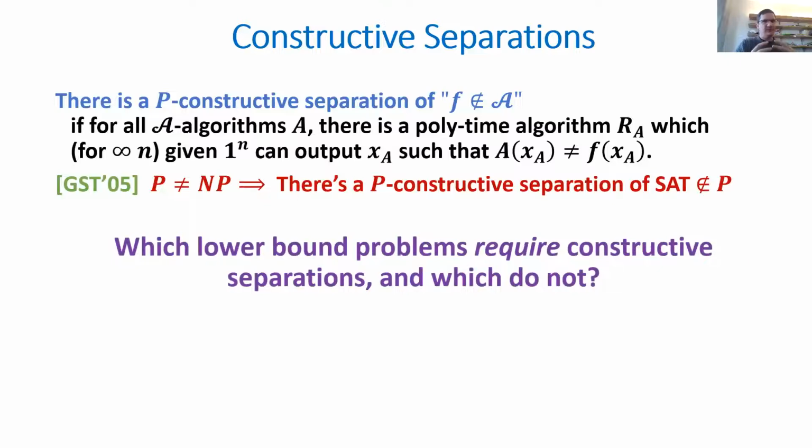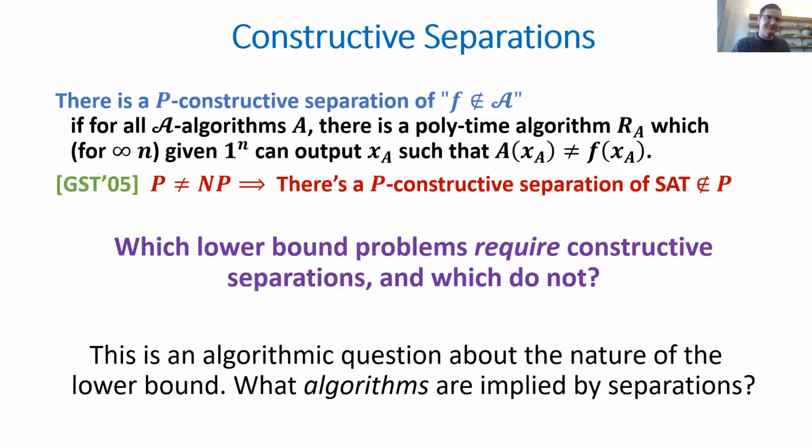So the question is, which lower bound problems require these kinds of constructive separations and which do not? Which lower bound problems guarantee, just from the statement of the lower bound, that there must be a constructive way of producing bad inputs, and which lower bound problems don't have this property?